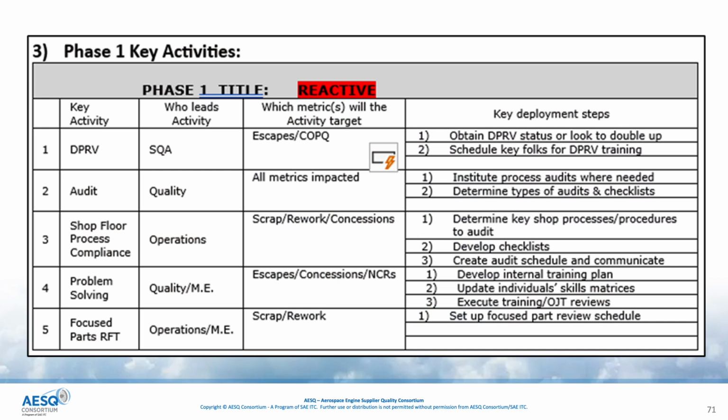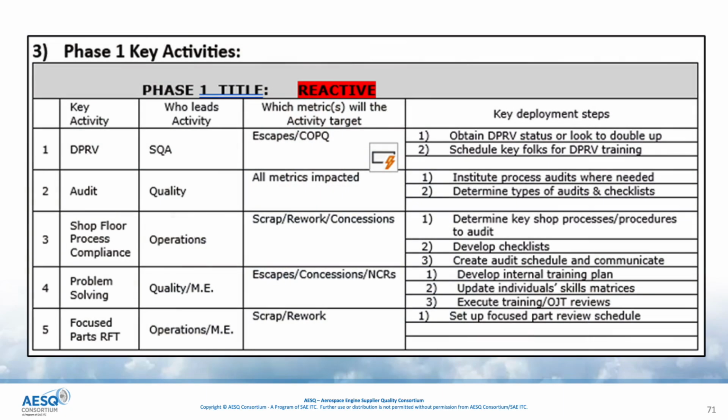The other thing, audit. You can always apply audit as medicine, right? As a short-term stopgap to help with reactive situations. There's many different types of audits, but you would apply them as necessary, right? Build a checklist and build those stopgaps to ensure that parts don't leave your four walls.